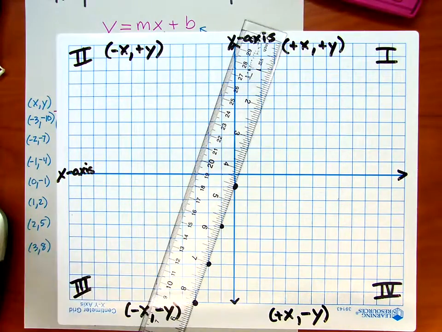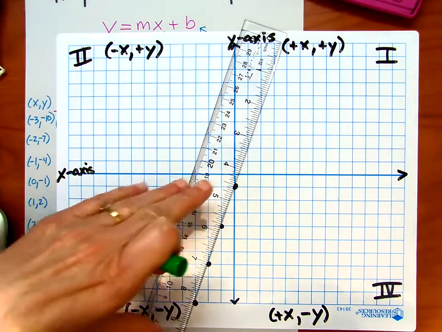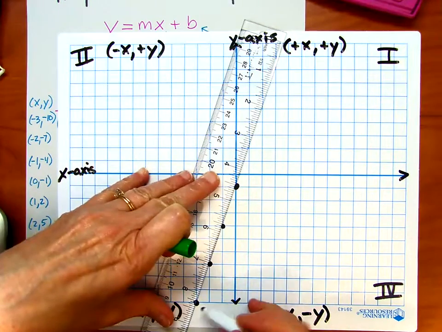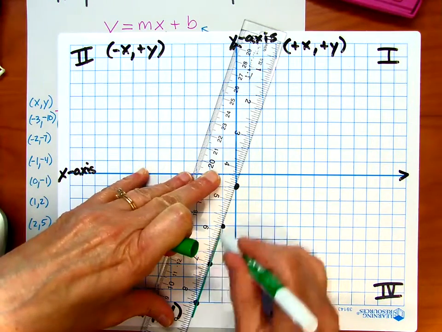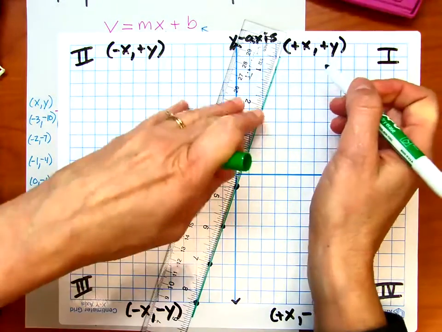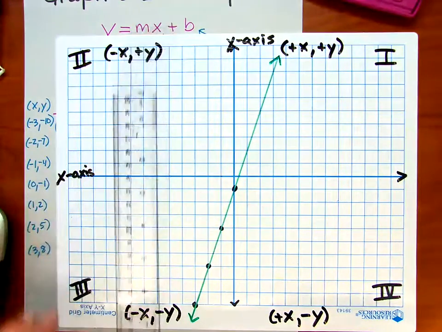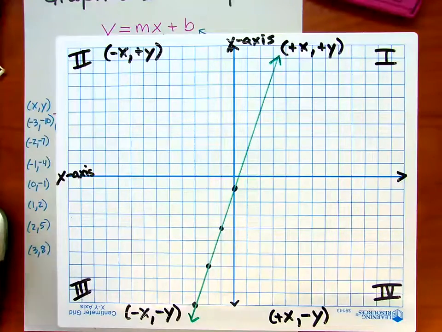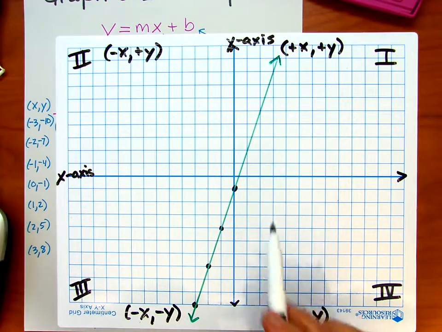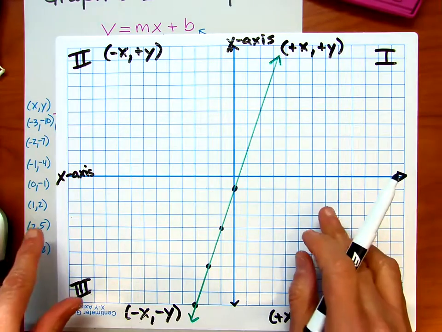Let me get a different color. Alright, and I'm going to go ahead and just put arrows, because if we had other x values, I'm sure we could put them on this line. Now let's continue inputting our coordinates just to make sure it does actually follow the equation.